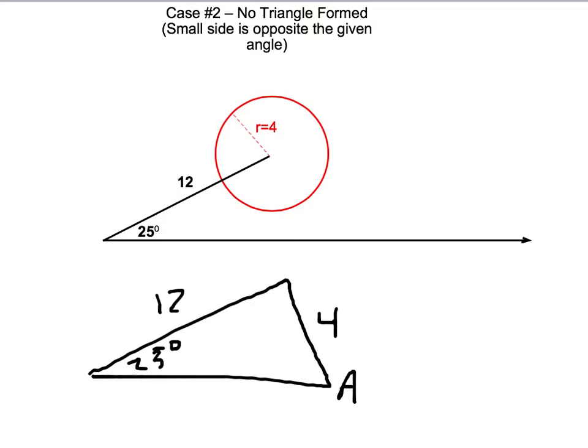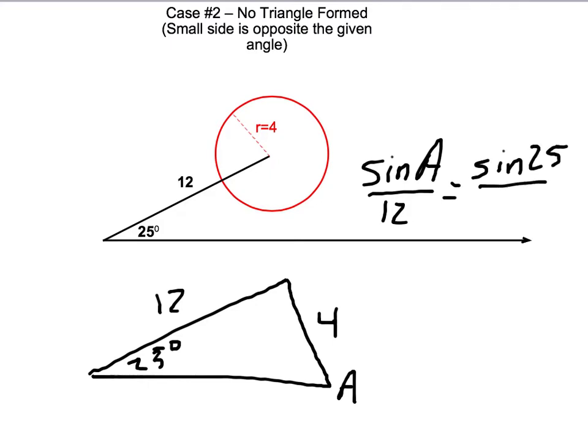If we set this up right, we have the sine of A over 12 equals the sine of 25 over 4. As I continue on, sine of angle A is 12 times the sine of 25 over 4.